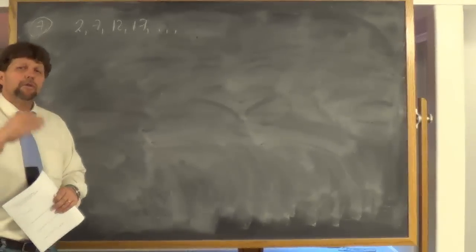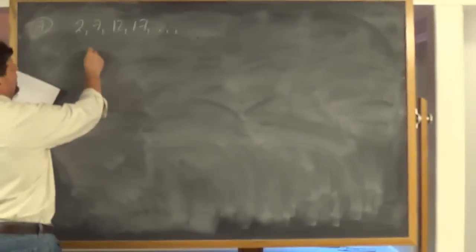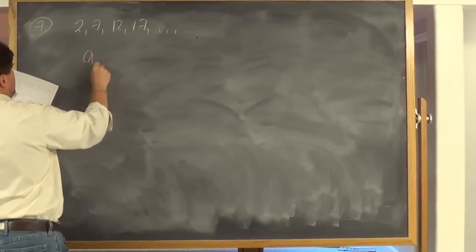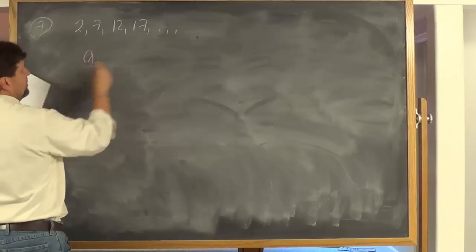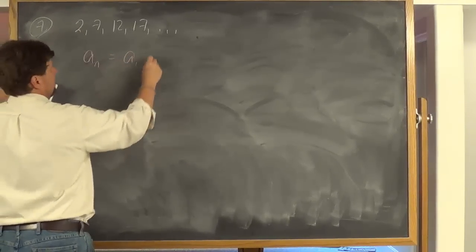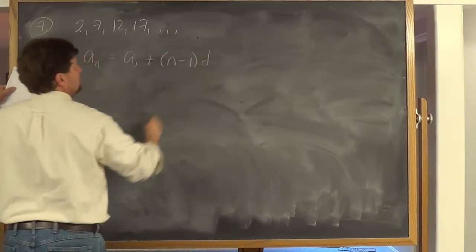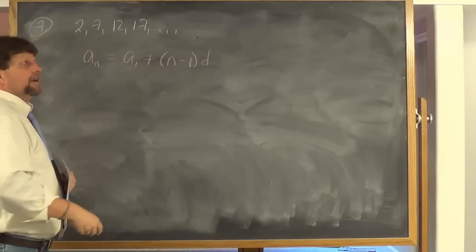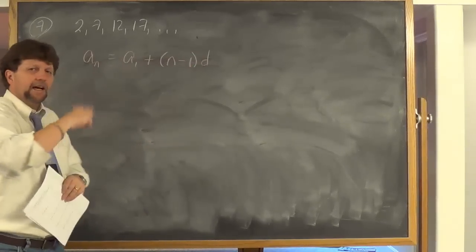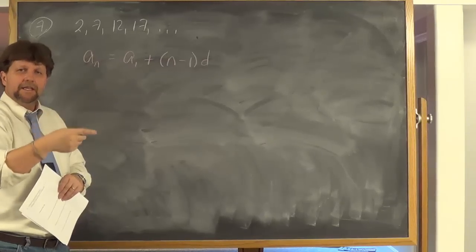Now here's what makes this problem so friendly. Get my red chalk. I told you it was an arithmetic sequence. So we know for an arithmetic sequence, the nth term, a sub n, is equal to a sub 1 plus n minus 1 times d. d is the common difference from term to term in an arithmetic sequence.